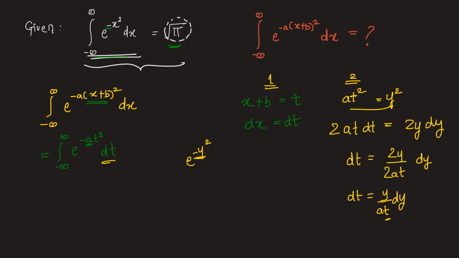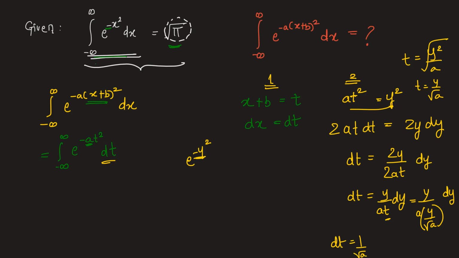So from this expression, we have t square equal to y square by a, and taking the square root, we have t as y by root a. Substituting this here, we will have dt as y upon a into y by root a dy. Here y upon y is 1, and 1 upon a by root a is 1 upon root a times dy.